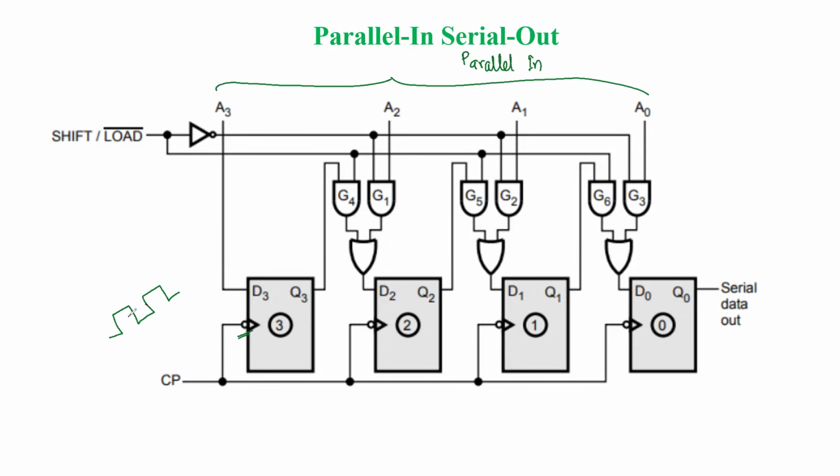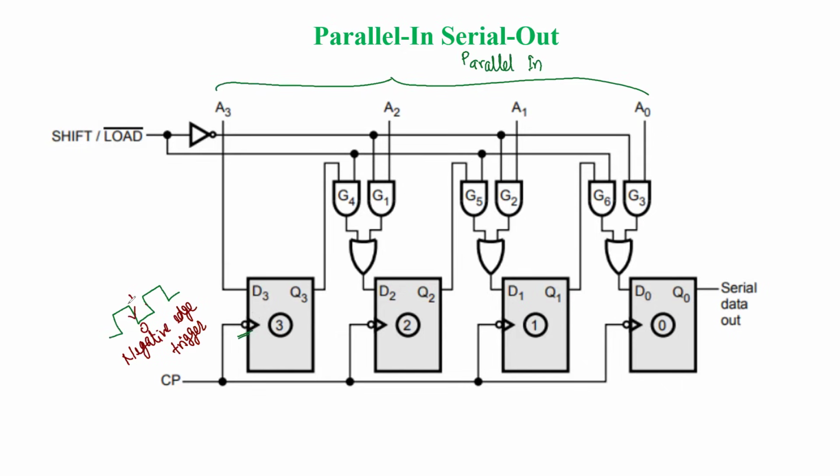So whenever a transition takes place from 1 to 0, these flip-flops are going to trigger. So that means it is using the negative edge trigger. Which type of trigger is this? Negative edge trigger, since the bubble is applied and the flip-flops trigger whenever the clock changes from 1 to 0.